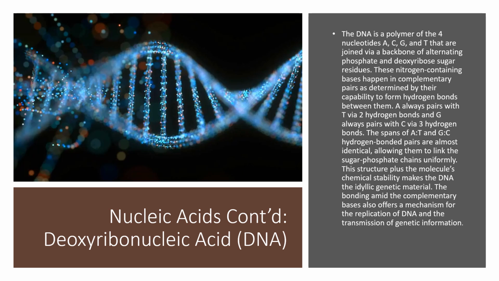A always pairs with T via 2 hydrogen bonds, and G always pairs with C via 3 hydrogen bonds. The spans of A to T and G to C hydrogen bonded pairs are almost identical, allowing them to link the sugar-phosphate chains uniformly.